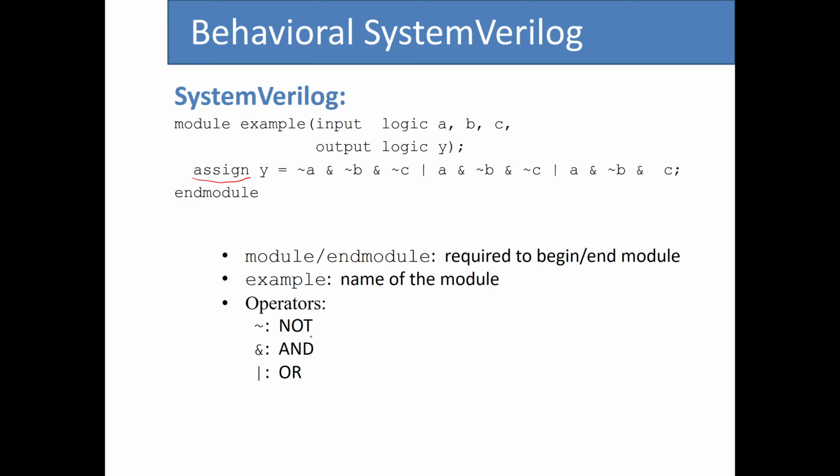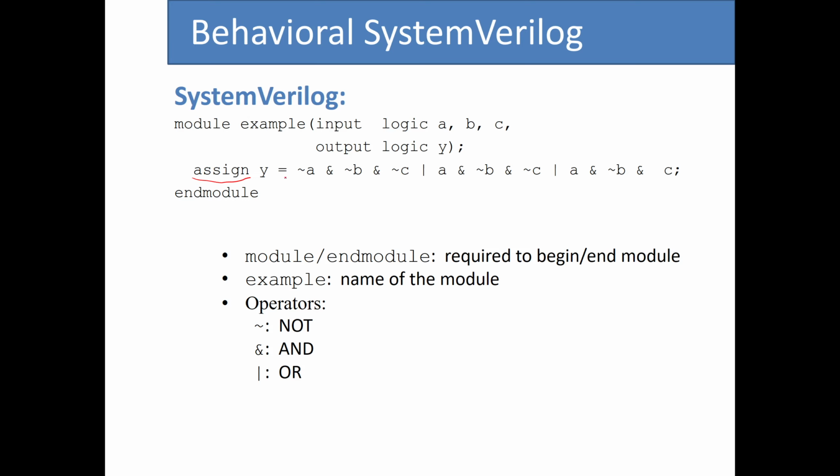So there are operators that you can use when you define System Verilog modules. Tilde is the operator for producing the NOT, or the invert of a logic variable. So if it's 0, it makes it 1. If it's 1, it makes it 0. We have this sign, which is used to define the AND operator, and we have this vertical line, which is designed to define the OR operator.